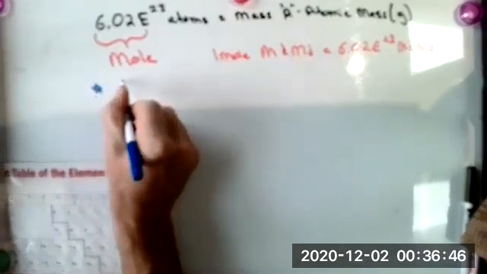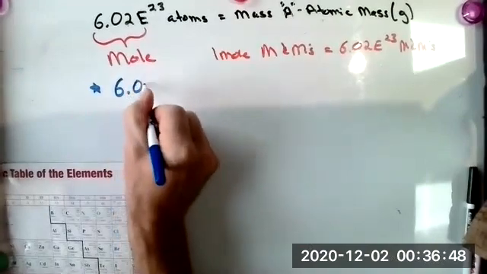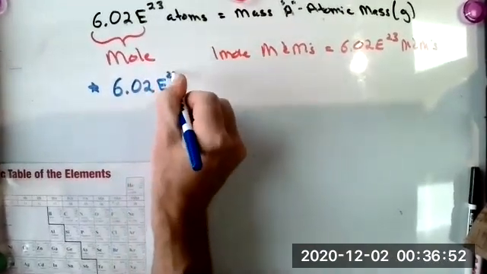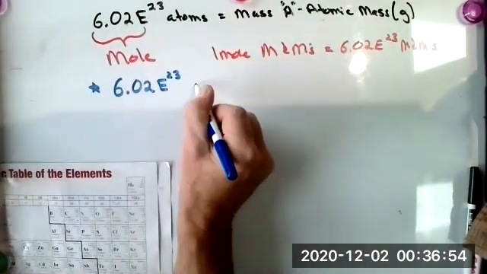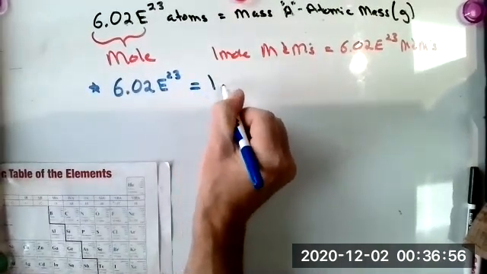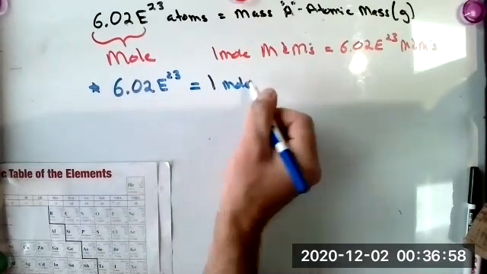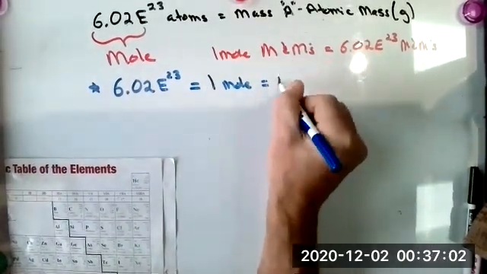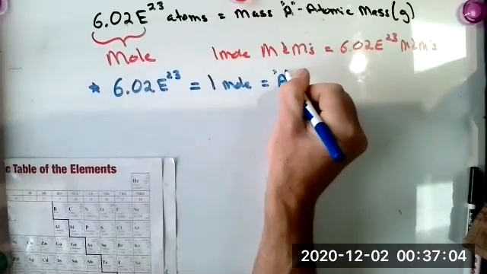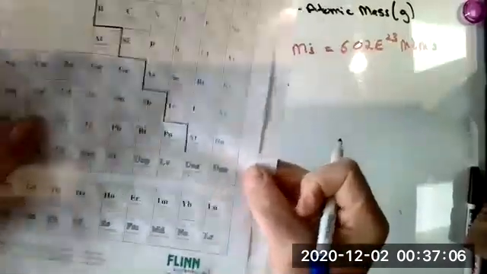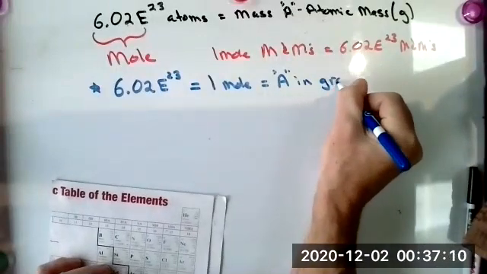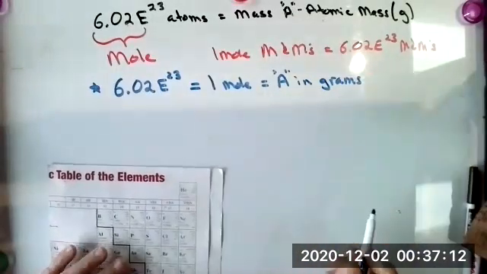Hey, here it is. 6.02 e to the 23rd equals a mole, which equals the A number in grams.